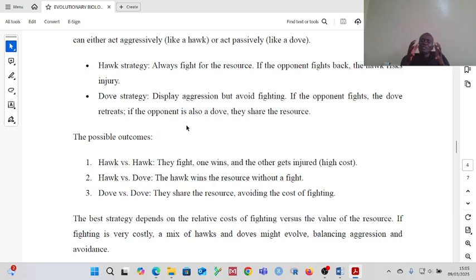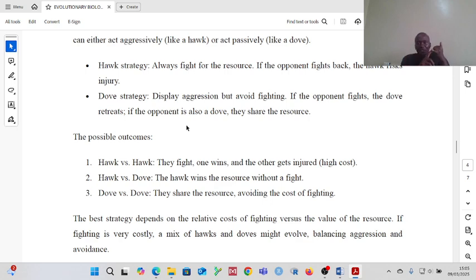So how much energy, for example, do you need to fight your competitor? And what is the level of risk that you might get injured, and to what degree might you get injured in the process of fighting? That's now the cost of fighting.